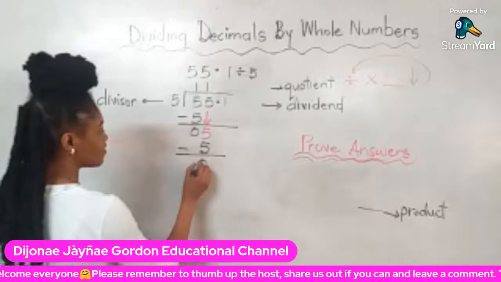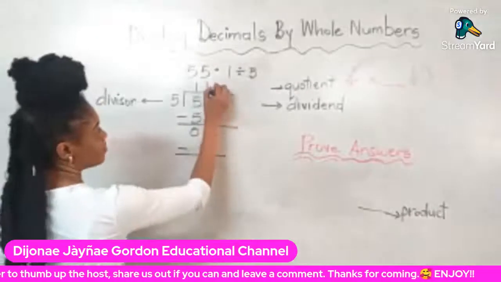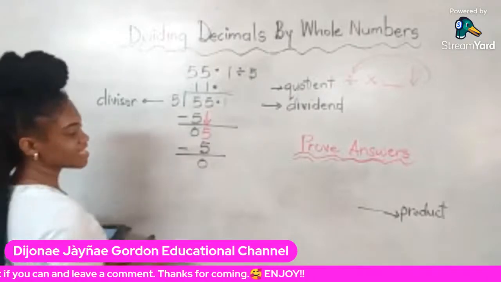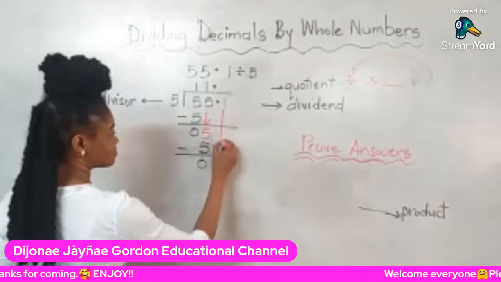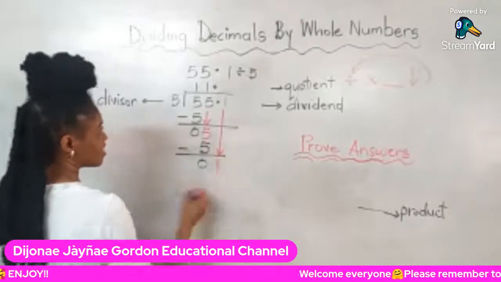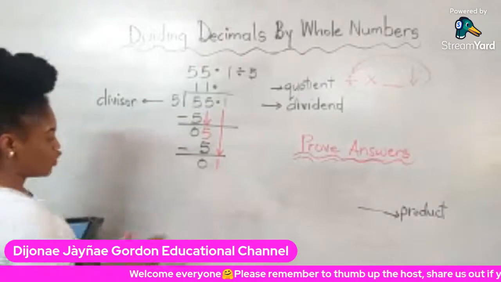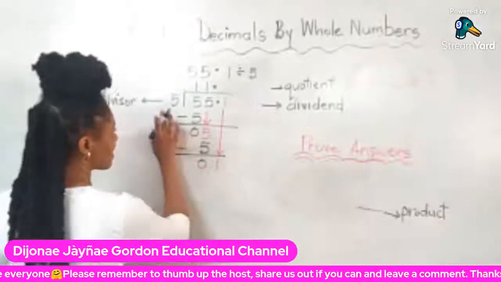The next thing you are going to do to see what is next in line, and it is our decimal place, so you're going to put it right back. The next thing we are going to do is bring down this 1. Can we get a group of 5 from 1? No, we can't, because 1 is smaller than 5.